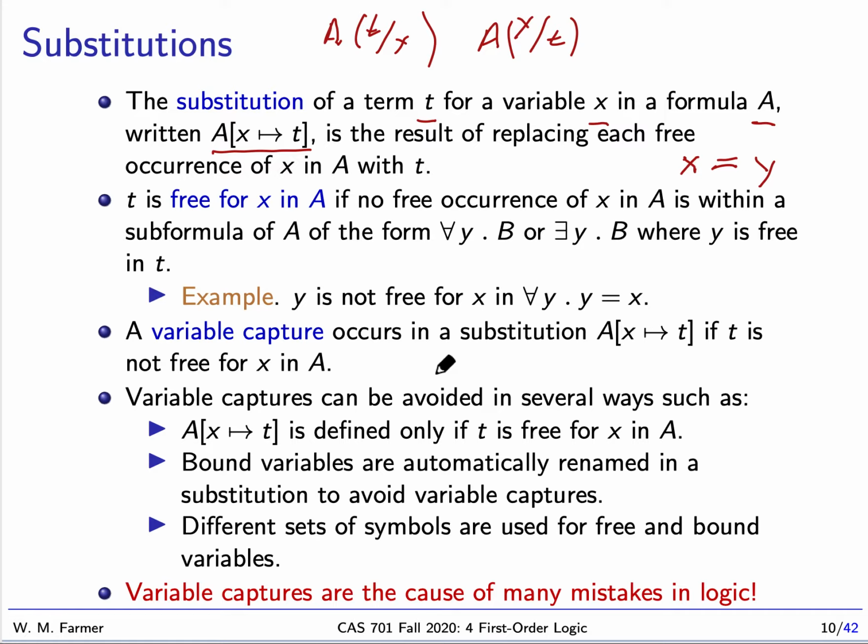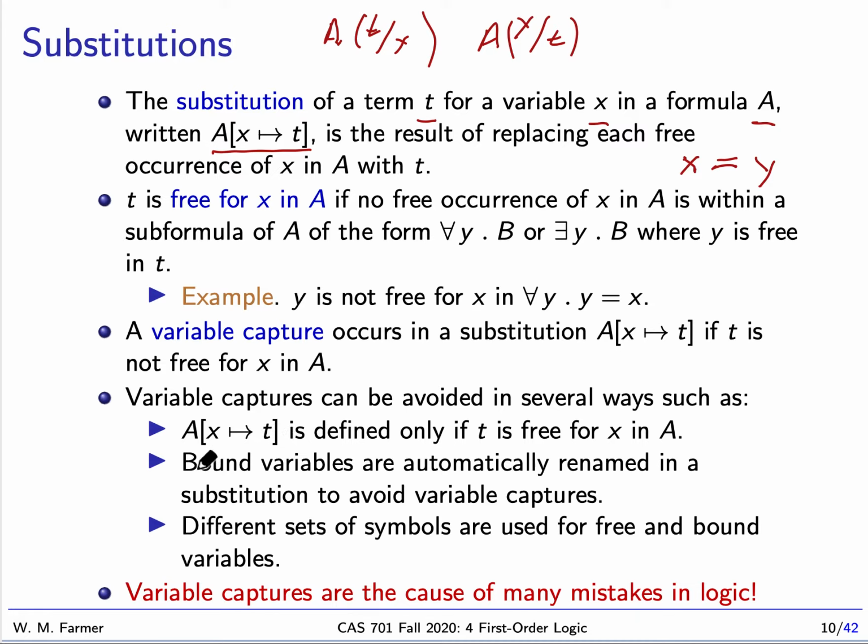If t is not free for x in A, we have a variable capture. Now, variable captures need to be avoided because they lead to results that are not correct. And there's basically 3 ways to avoid variable captures.